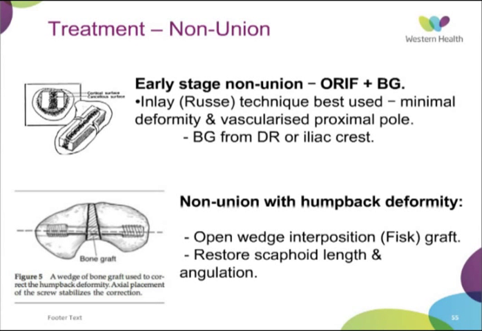It can be from the distal radius or the iliac crest. A non-union with a humpback deformity can use a wedge or opening wedge interposition graft, described by Fisk. We can see here in the diagram how it's aimed to open up that angle and restore the length of the fracture and the angulation.